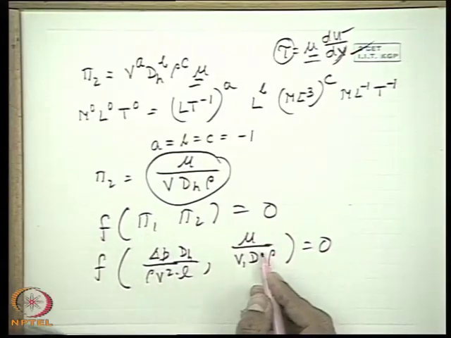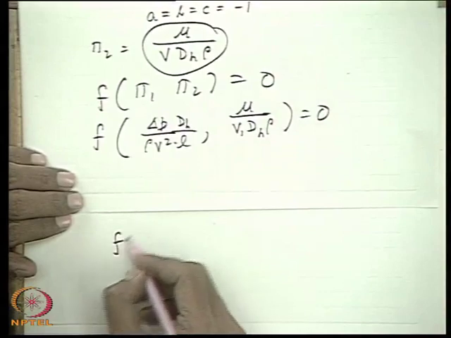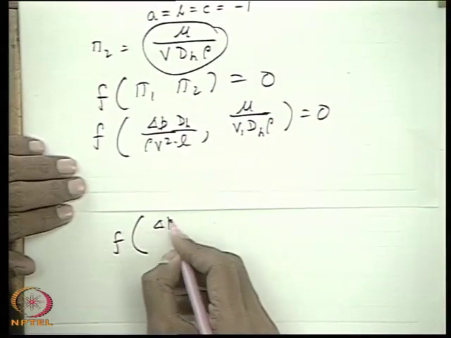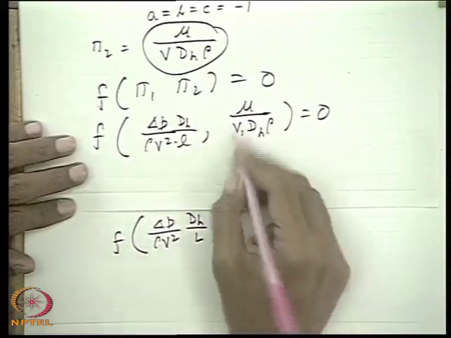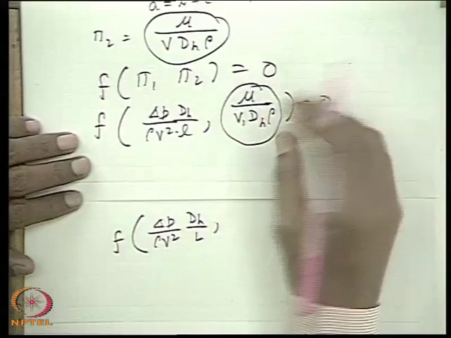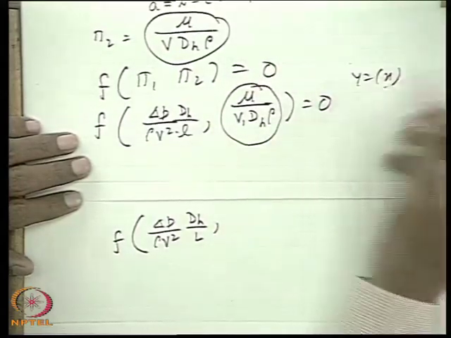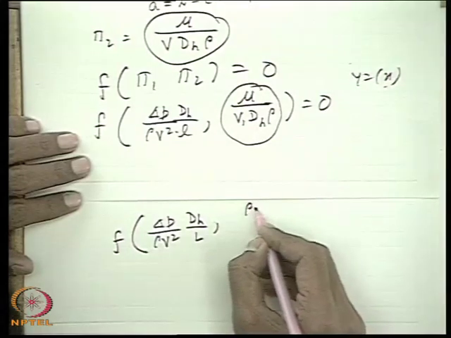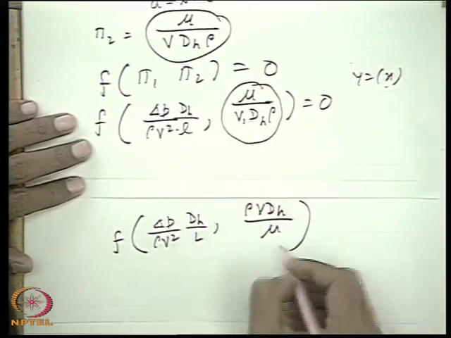If you take the reciprocal of this, then we get delta P by rho V square times dH by L. Reciprocal of this, that means if it is governed by this parameter, it is also governed by the reciprocal. If y is a function of x, y is a function of 1 by x also, because this is the conventional Reynolds number.